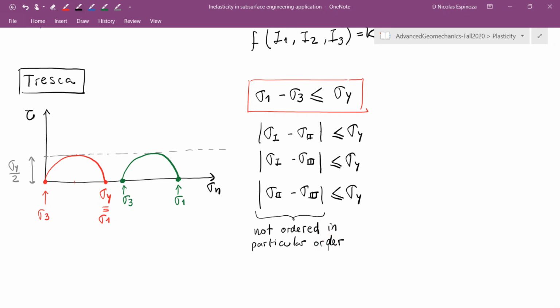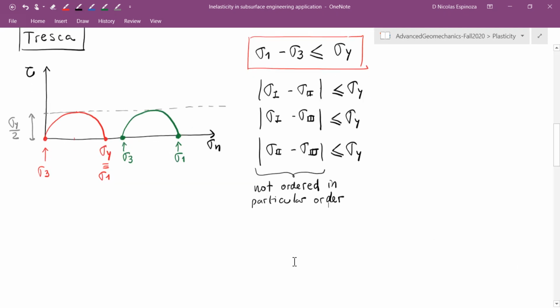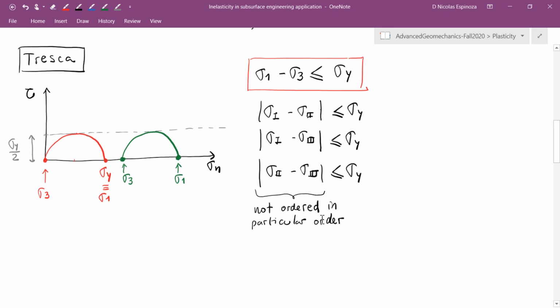Okay, so let's see what is going to be the result of that. When I have these equations, then I can plot those in the principal stress space. And let me start by, I think I'm going to have enough space so we can do everything just in one page. And let's start with that.